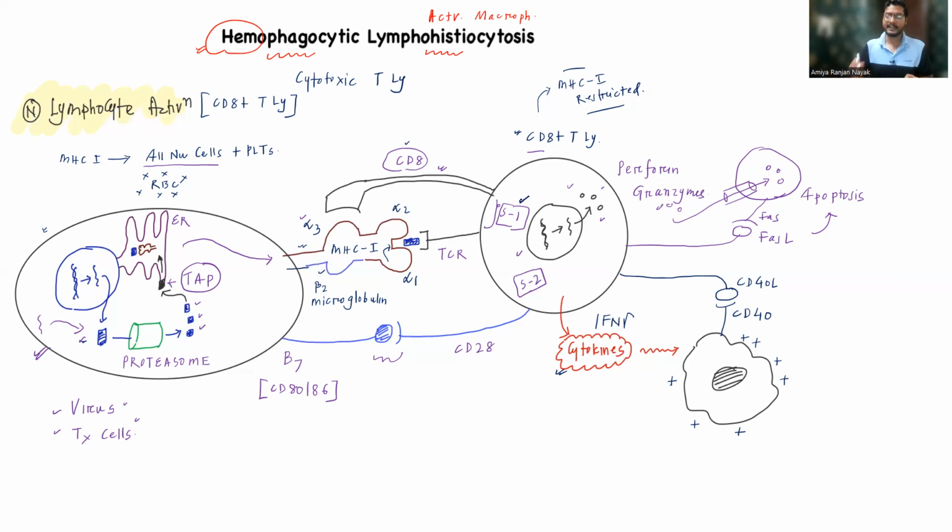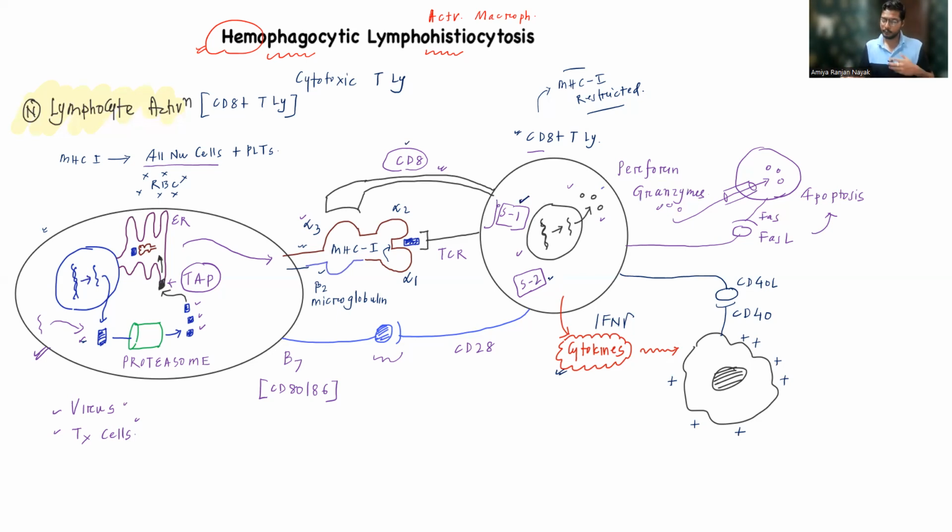The second interaction happens between the B7 protein of the affected cell and the CD28 protein of the T lymphocytes, and that will provide signal 2. Both these signals will cause the cytotoxic T lymphocyte to be activated. Once activated, they will produce porphyrins and granzymes, which will help in apoptosis of the affected cell. Also, they will cause apoptosis with the help of Fas ligand and Fas receptor interaction.